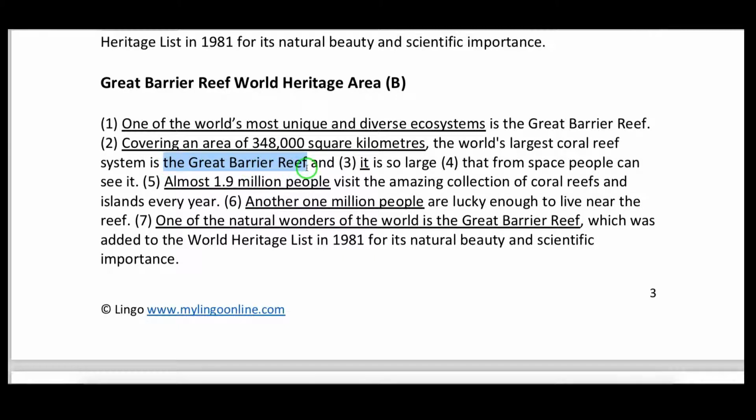That just sounds very repetitive because the Great Barrier Reef was the focus of the previous sentence, and it's also the focus of this sentence right after it. It sounds kind of strange because usually the focus is new information, but this is not new information anymore.